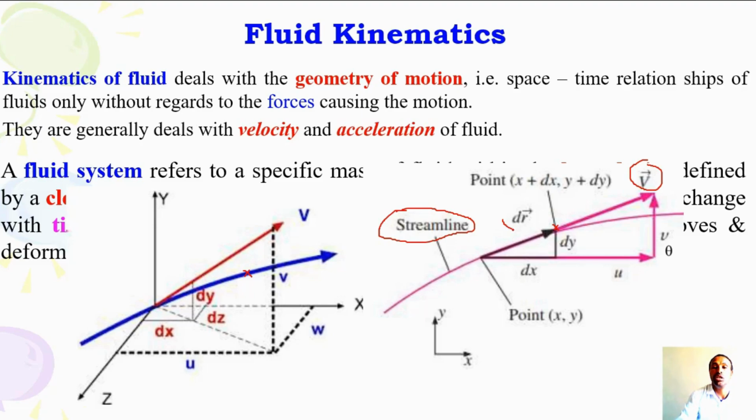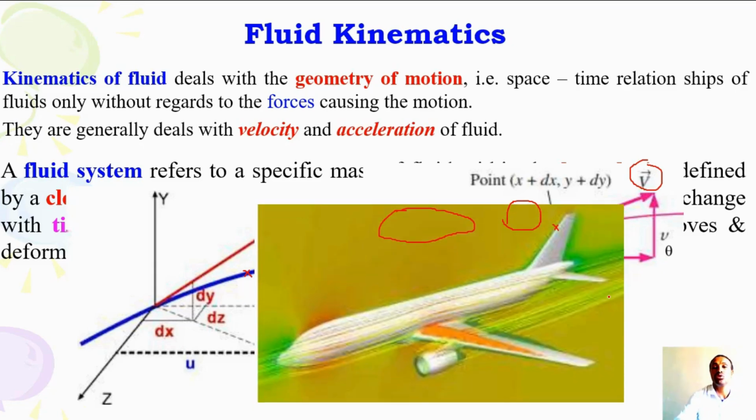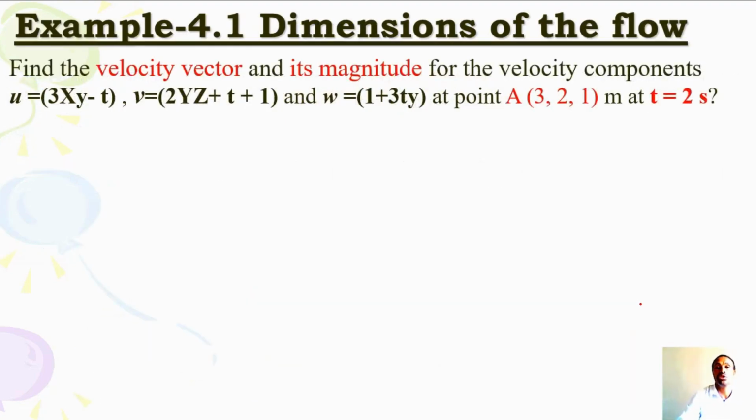You have dr, the position vector, and then you can find at any point the velocity magnitude with theta and so on. We can see this in a plane. You have the motion of the fluid, which is air motion. You can consider what a complex dynamic and complex three-dimensional flow it is, so you can study this also.